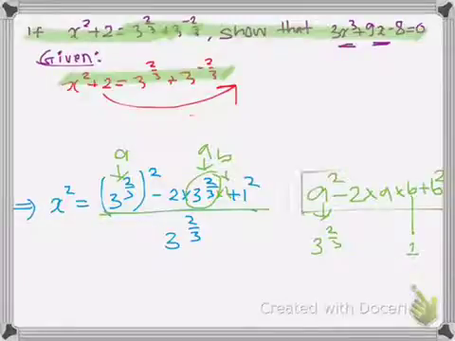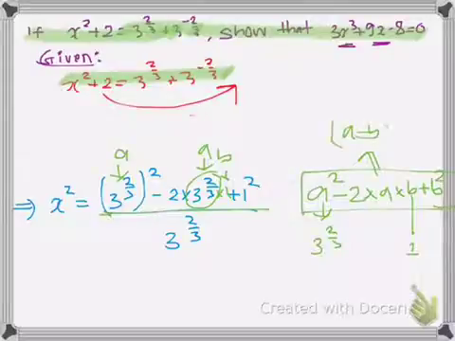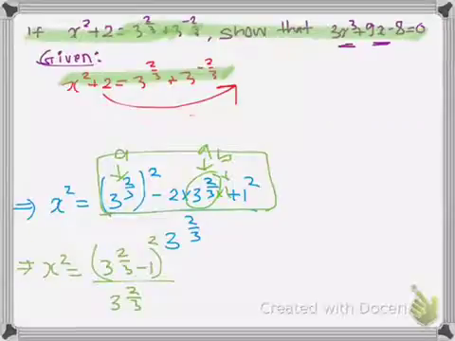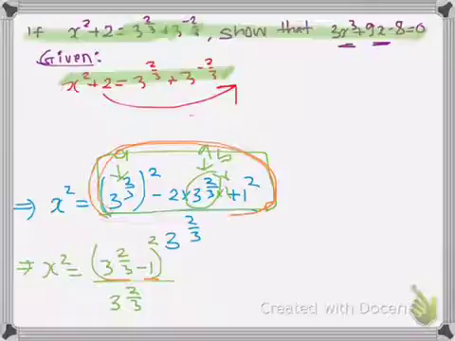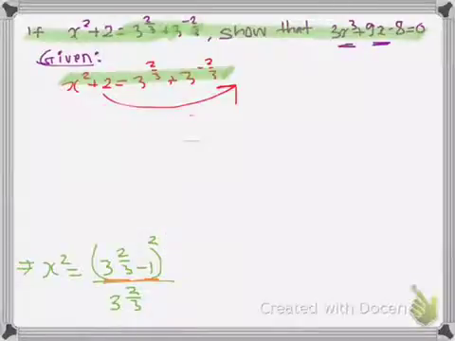Since a squared minus 2ab plus b squared is the formula for a minus b whole squared, this can be written differently. I've contracted the expanded term into the smaller form.